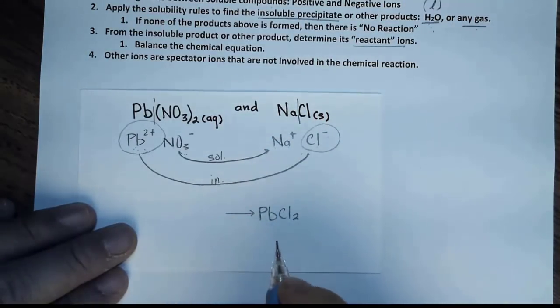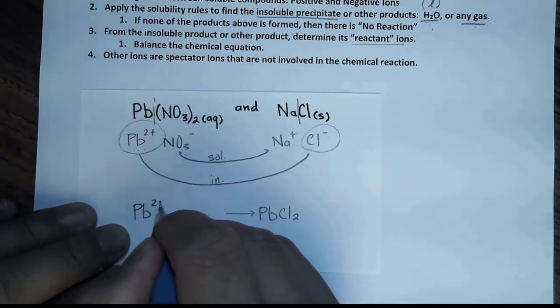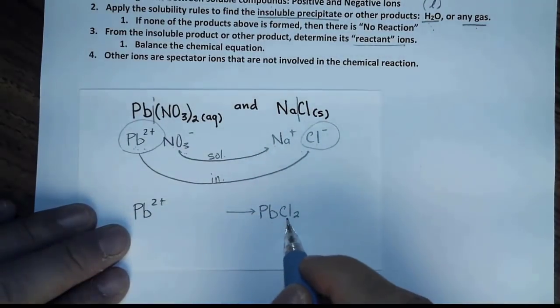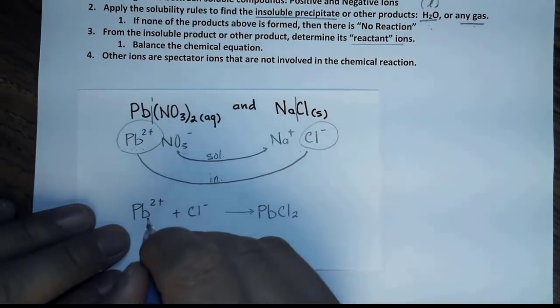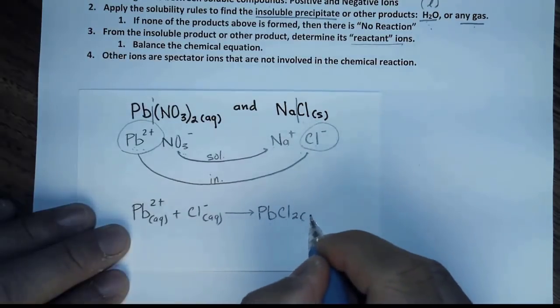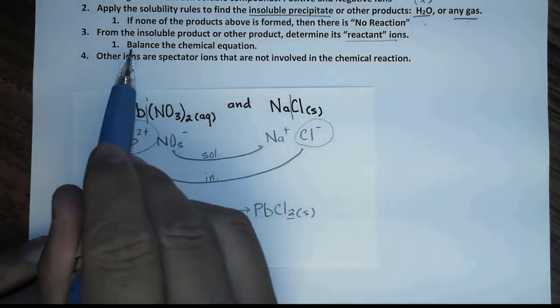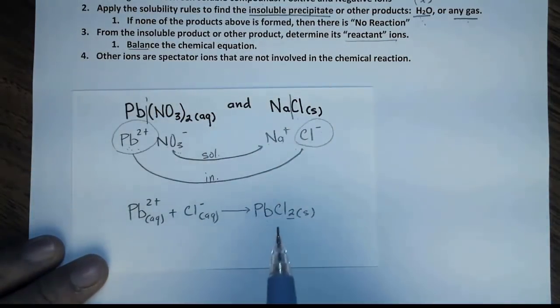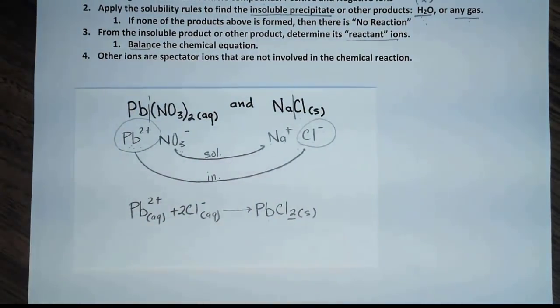First, of course, we know this is going to be Pb2+, and that's coming from here as well. And what about chloride? That's going to be chloride ions. Of course, these will be in aqueous state, where this one is going to be the solid precipitate. The last part of step 3 is we have to balance the chemical equation. In this case, we have 2 chlorine atoms right here, so we have to put a 2 there. And there we go. We have our net ionic equation.